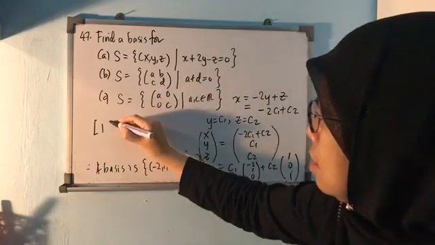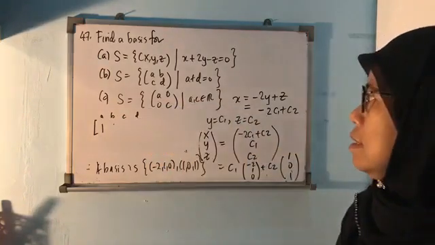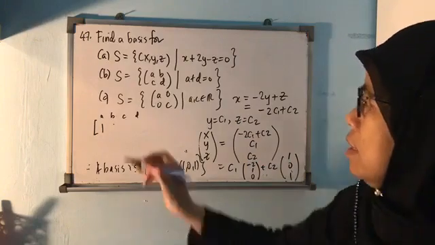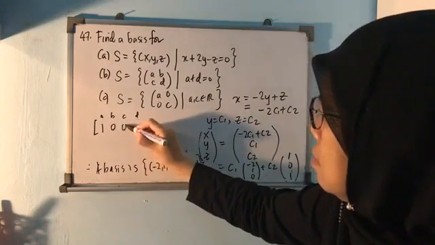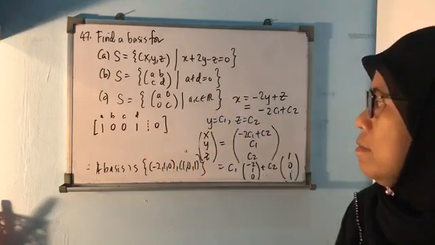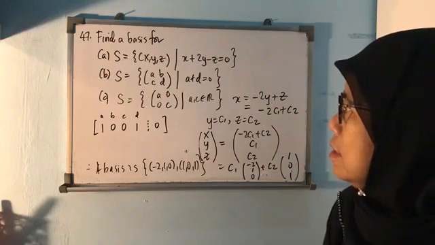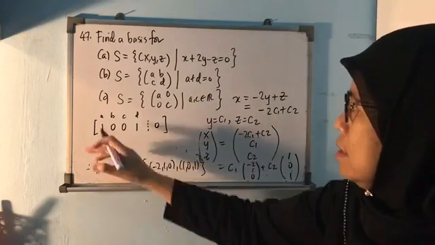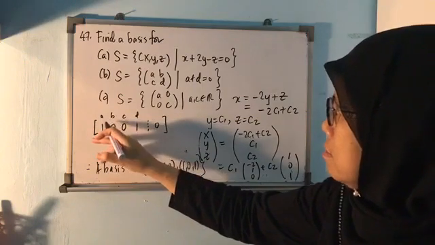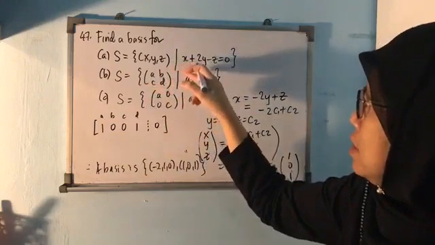You get A, B, C, D, right? Okay, so the variable here, just now the variable is x, y, z, right?